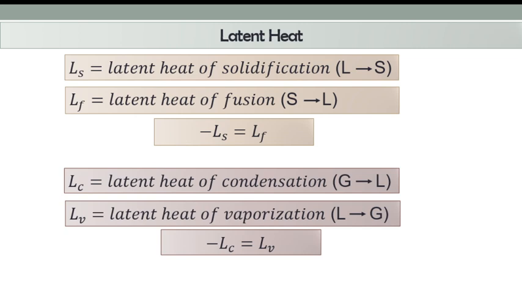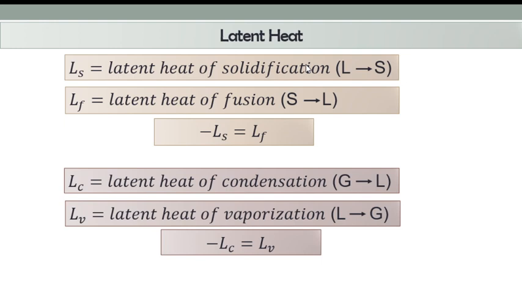The value of L, or latent heat, for a substance depends on the nature of phase change. So we will be using the terms latent heat of solidification if the phase change is from liquid to solid, and latent heat of fusion if the phase change is from solid to liquid.